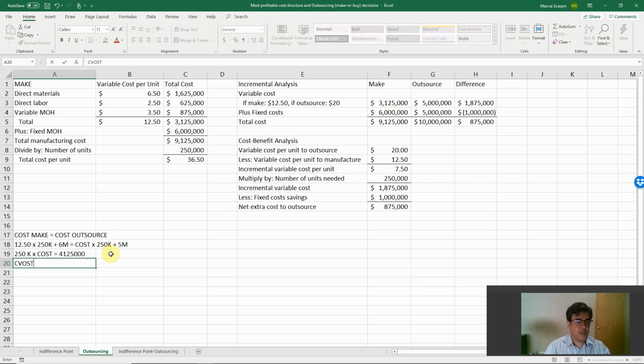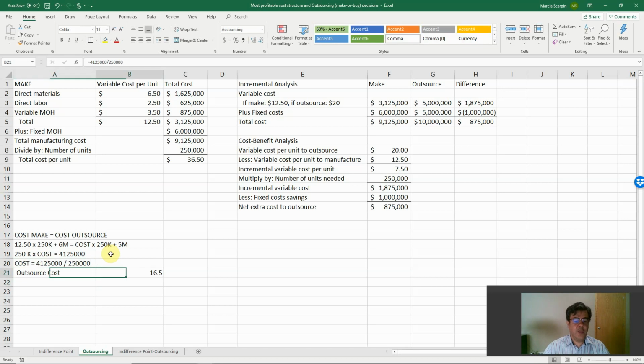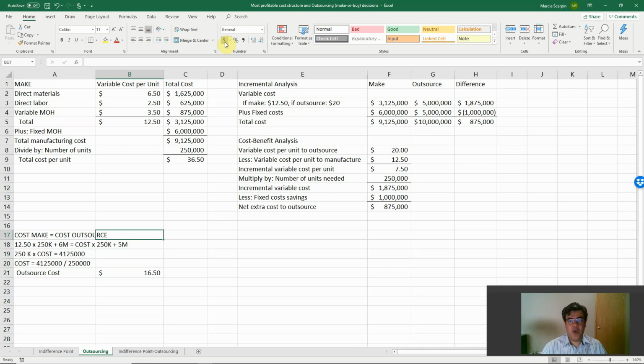And then our cost will be equal to $4,125,000 divided by $250,000. It would be the maximum of $16.50. Let's do our math here.